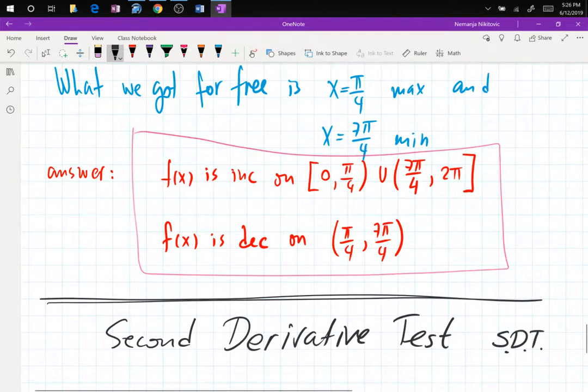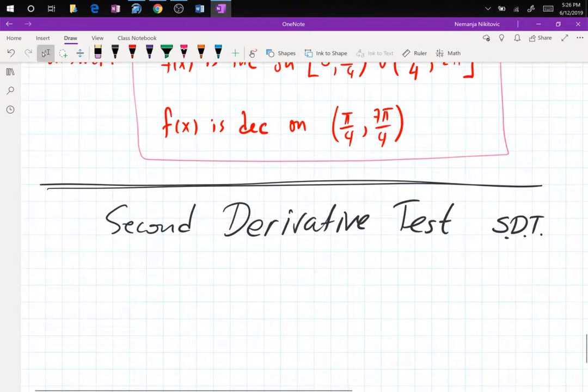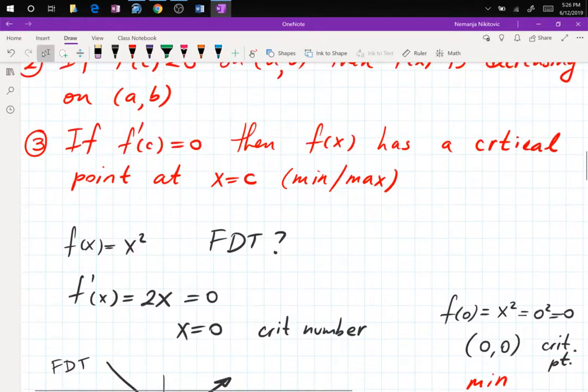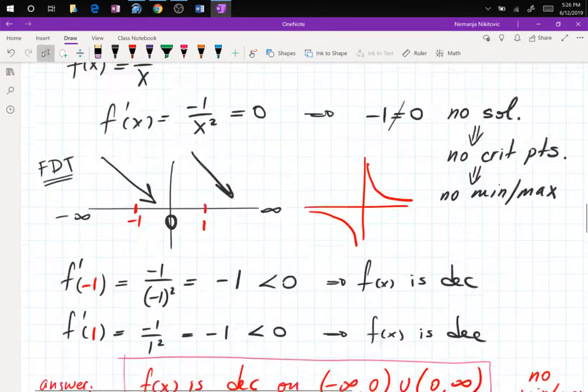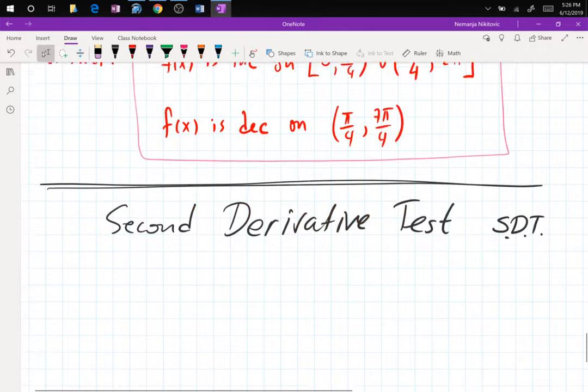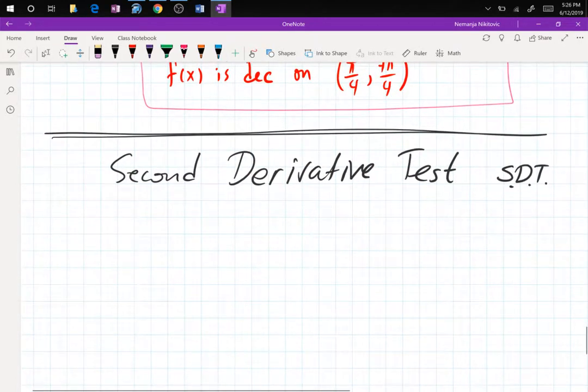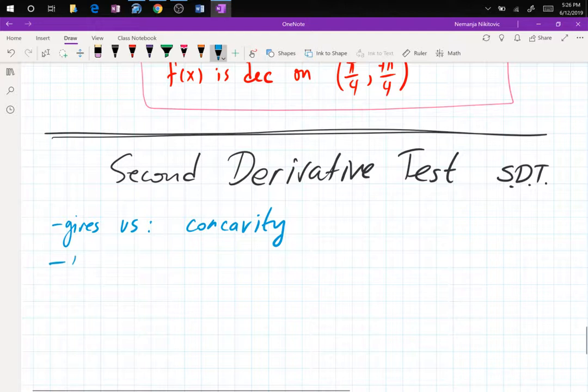The second derivative test gives us intervals of concavity and gives us inflection points.